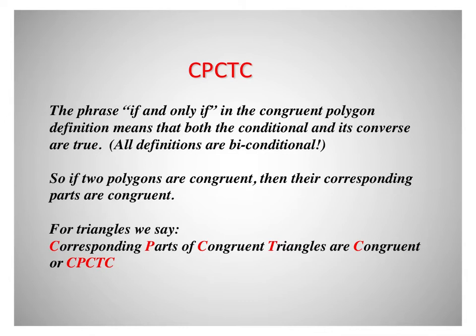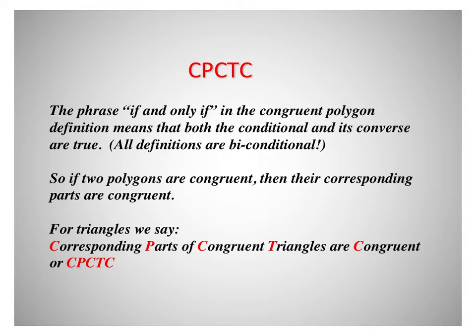So if two polygons are congruent, then their corresponding parts are congruent. For triangles, what we would say is corresponding parts of congruent triangles are congruent, or CPCTC. I always tell my students to remember this by the phrase, cool people can take calculus. So that doesn't stand for cool people can take calculus. It means corresponding parts of congruent triangles are congruent.